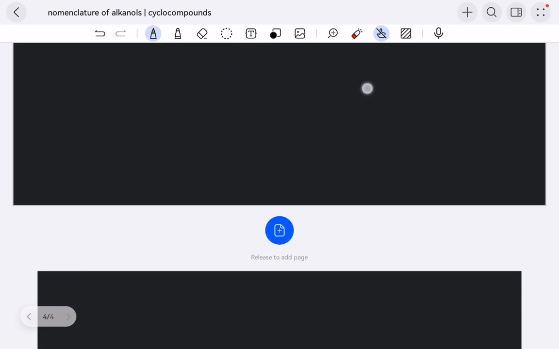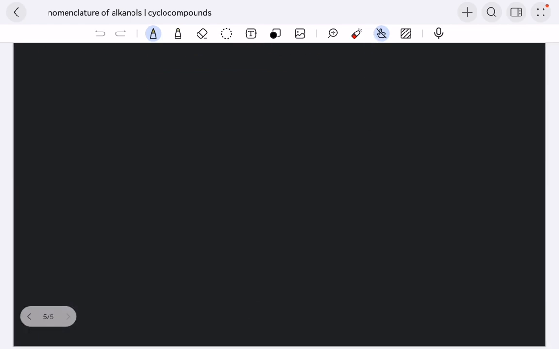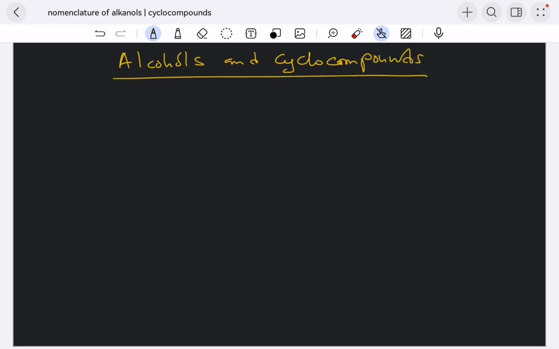Now let's look at something more interesting where we combine alcohols and cyclo compounds. I will give the first example. So if we have something like this, then OH.